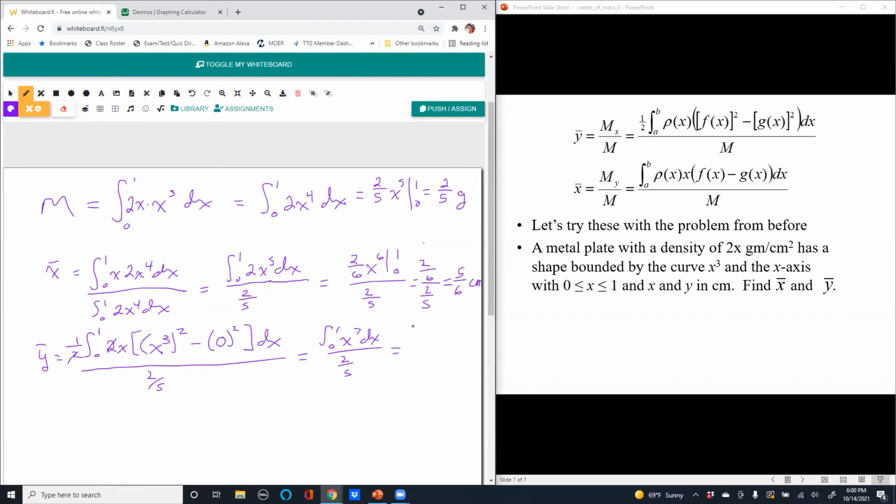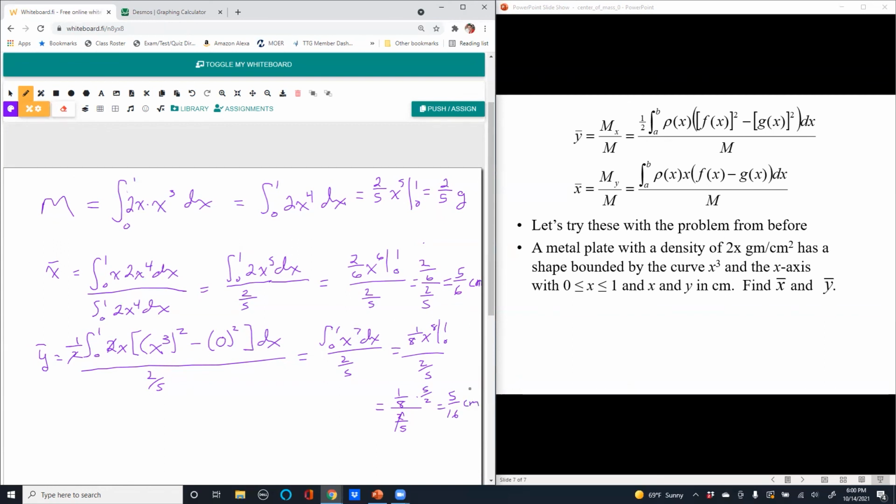Add 1, divide by the new exponent. We have 1/8 x to the 8th from 0 to 1 over 2/5. So 1/8 over 2/5. Once again, we flip and multiply, and we get 5/16. And again, centimeters.